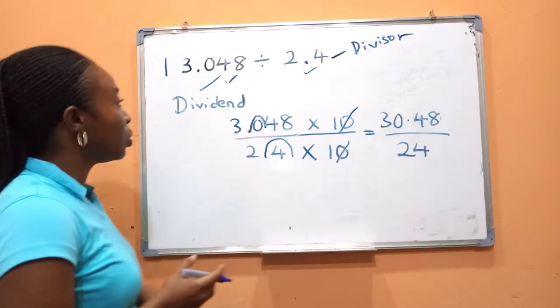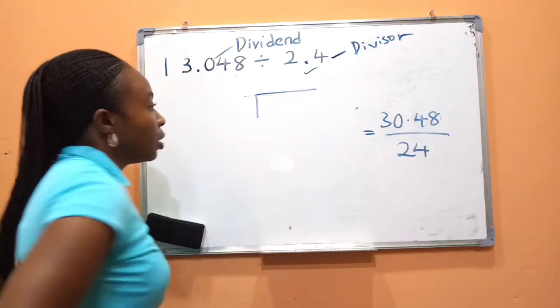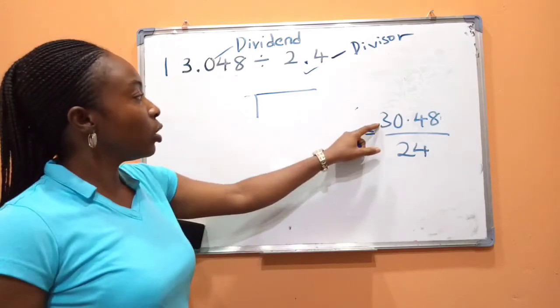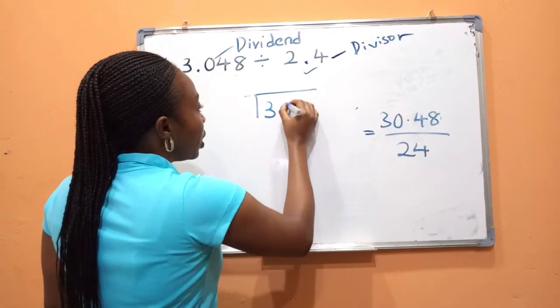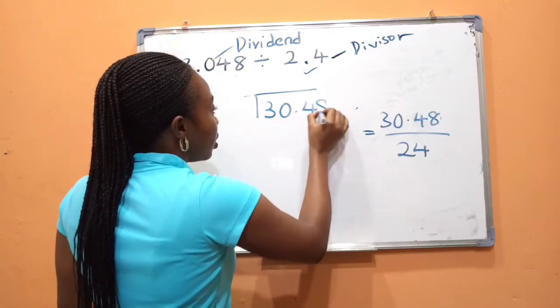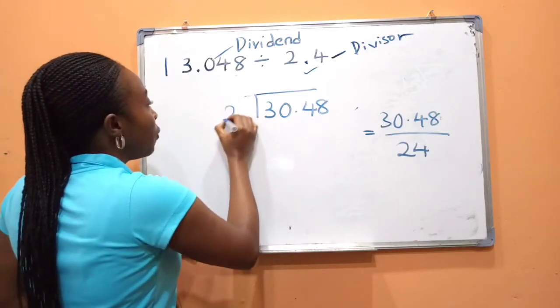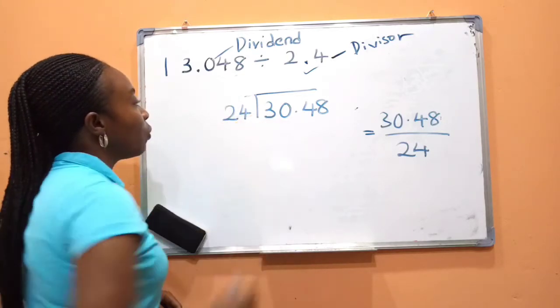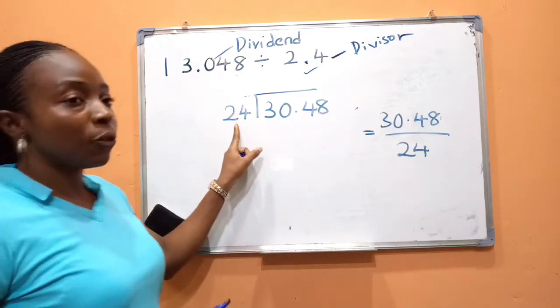So here's what we are going to do. We introduce the long division sign, and we are going to write the numerator here, which is the dividend. That's 30.48. And then the divisor is going to occupy this position, which is 24. So first of all, we have 3 divided by 24.